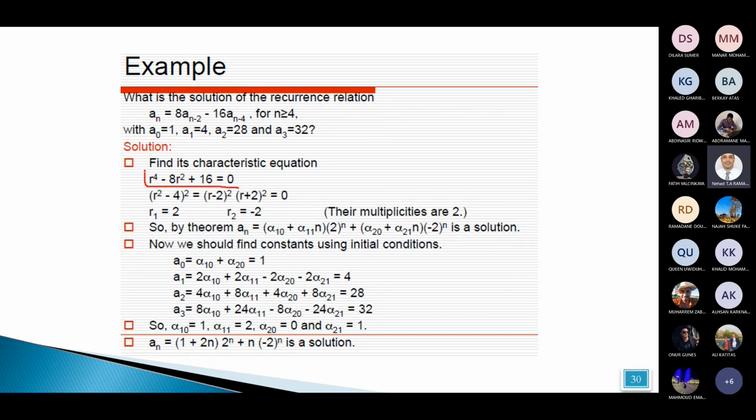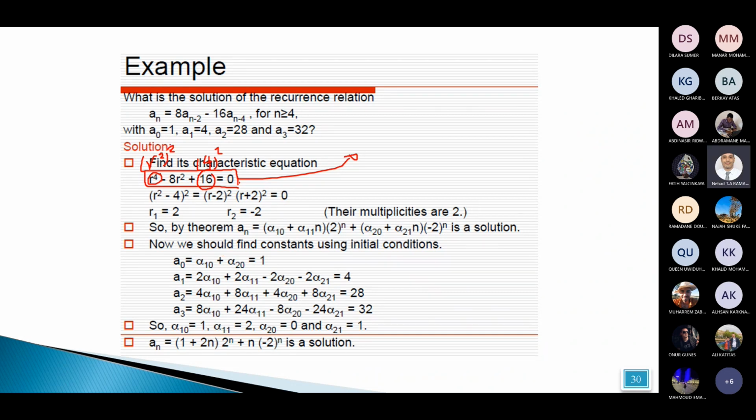And from this characteristic equation, it's actually an easy equation. It's not an equation of power 4. If you think about it, this 16 is 4 power 2, and this r power 4 is r power 2, all power 2.